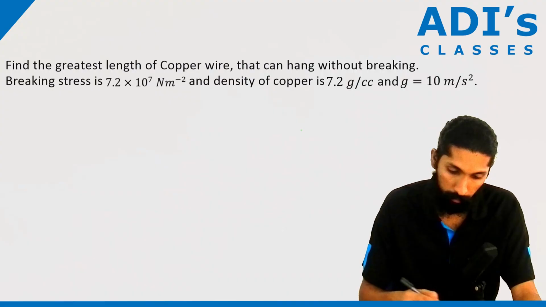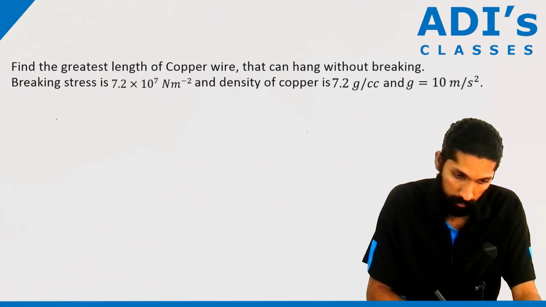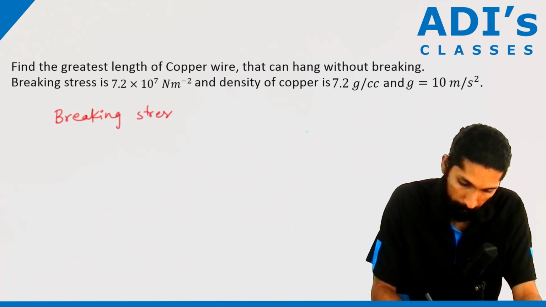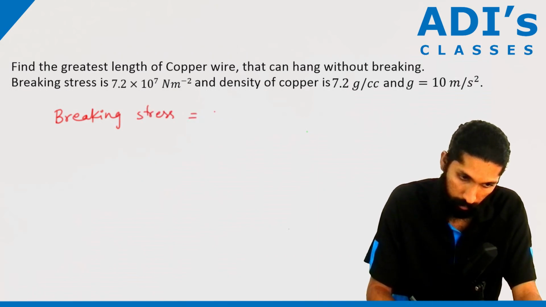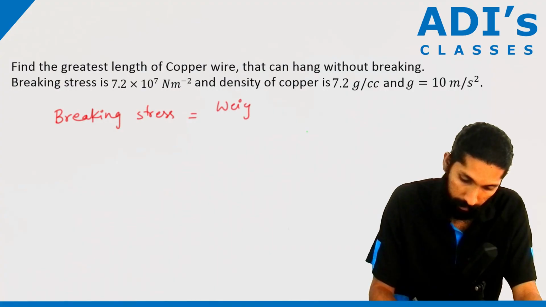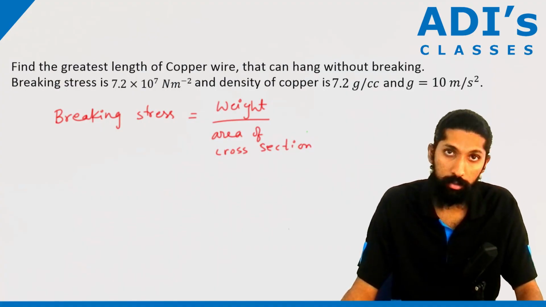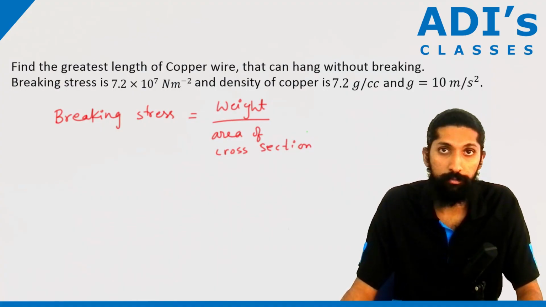The formula for this is the breaking stress is equal to the weight of the wire divided by area of cross section. Now this is the formula, guys. You can go ahead, pause the video, solve the problem.